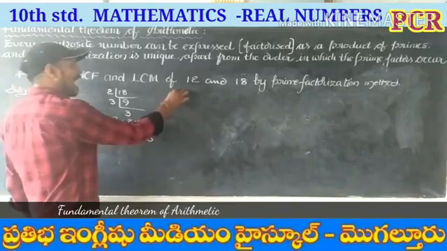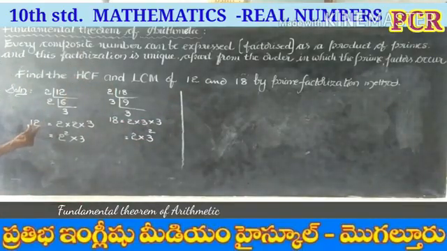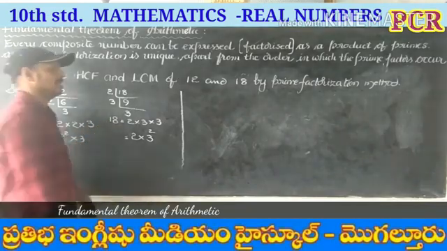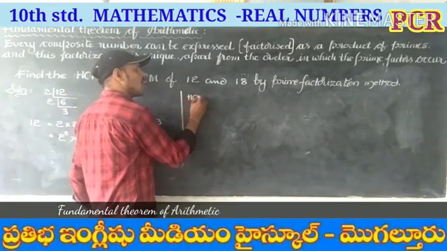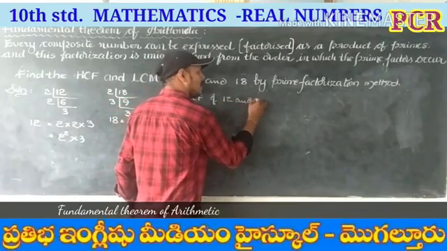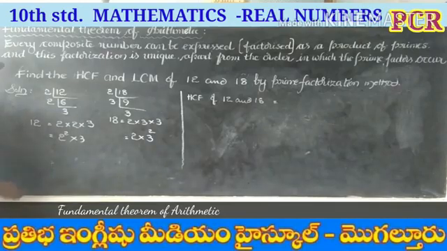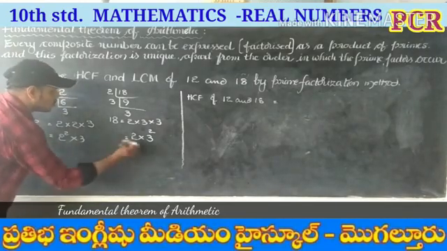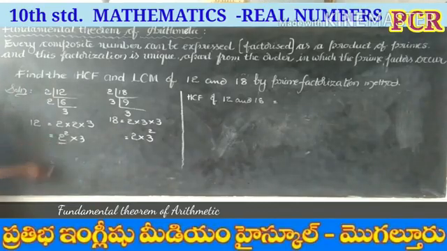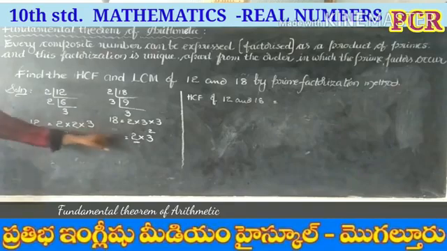Now finding the HCF and LCM. First we find the HCF of 12 and 18. HCF is found by taking the common factors of these two. 2 is a common factor, taking the one with the least power between these two.